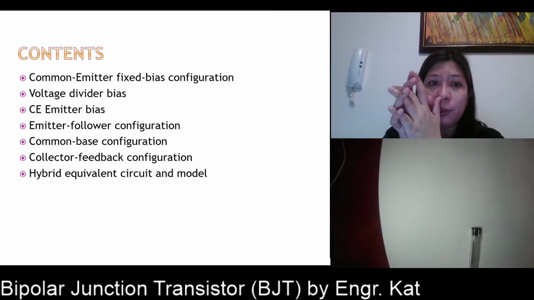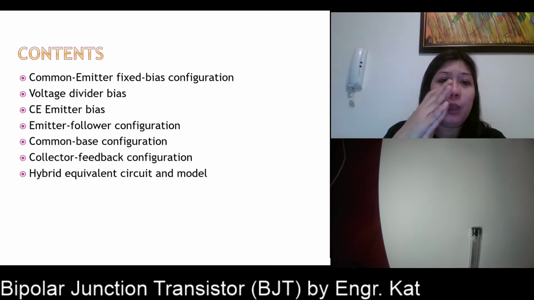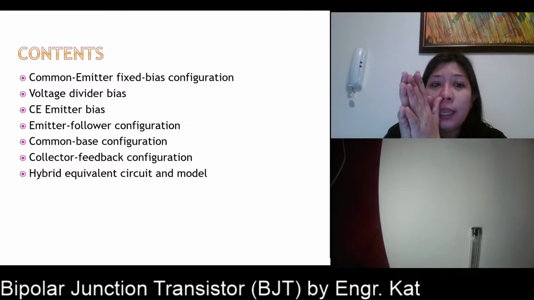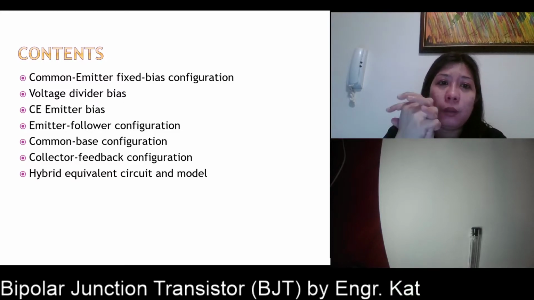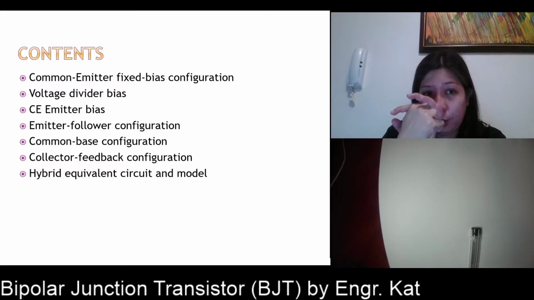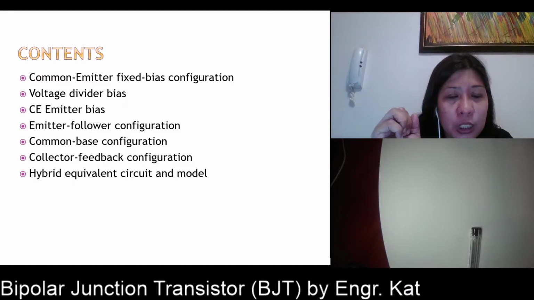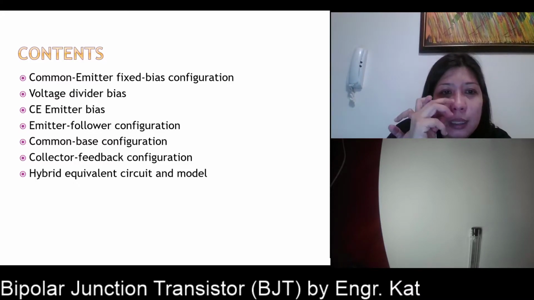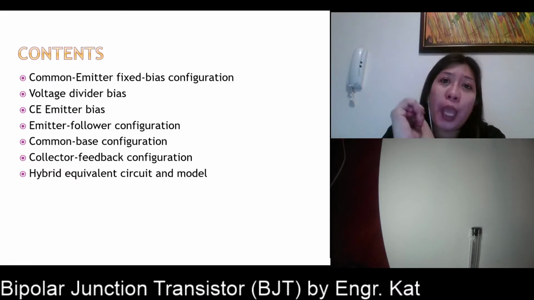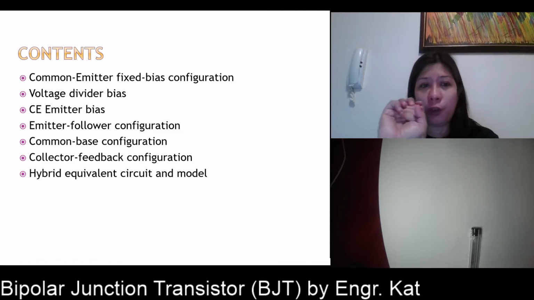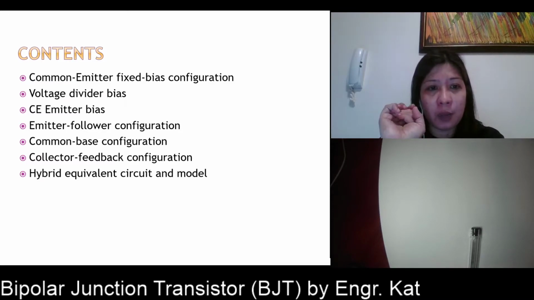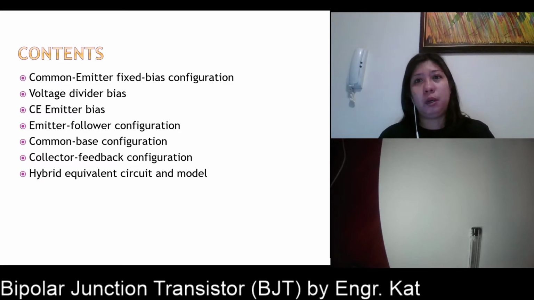The emitter follower configuration is our common collector configuration, the only common collector circuit that we have. And then we have the common base configuration, and then we have the collector feedback. Collector feedback is also common emitter. So fixed bias, voltage divider, common emitter bias, and the collector feedback configurations, all of them belong to the common emitter configuration. And then we have the hybrid equivalent circuit and model.